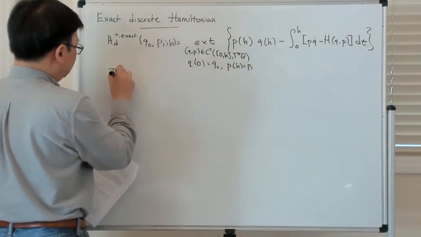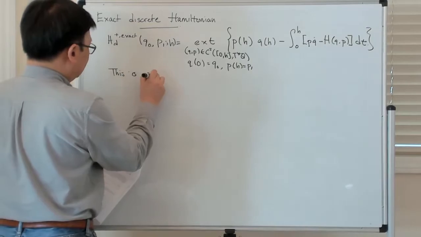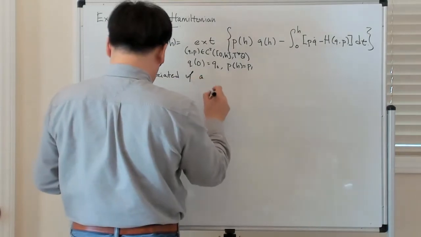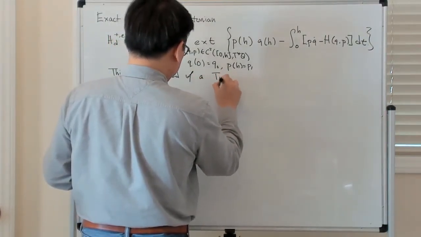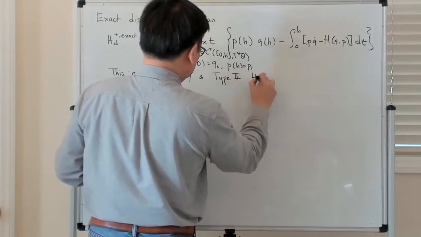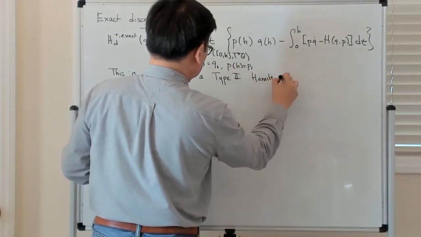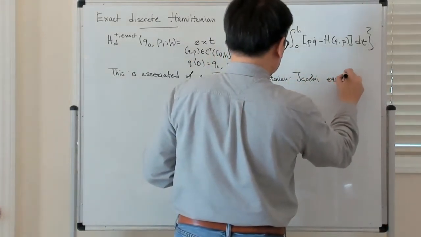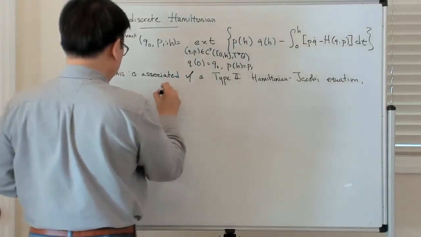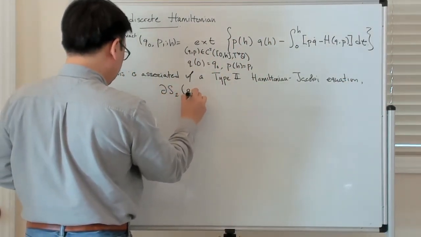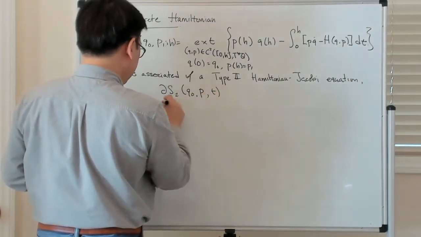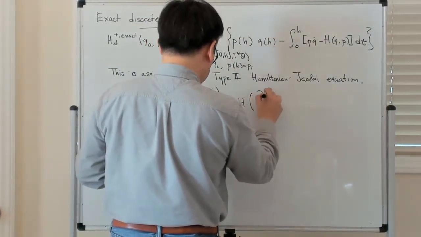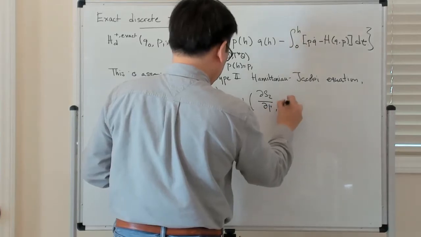So this is associated with a type 2 Hamilton-Jacobi equation, which I'll write as the following: ∂S2(q0, p, t)/∂t is equal to H(∂S2/∂p, p).